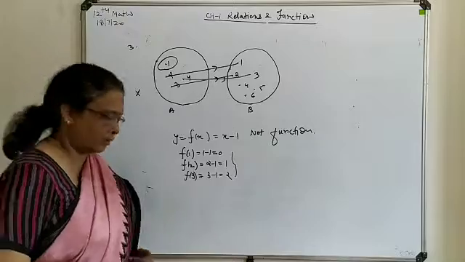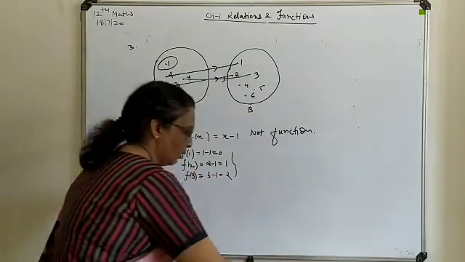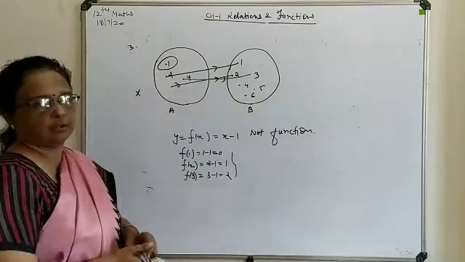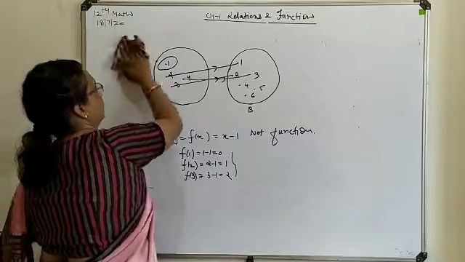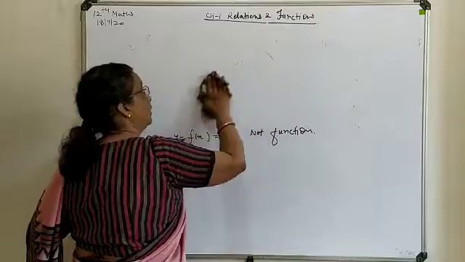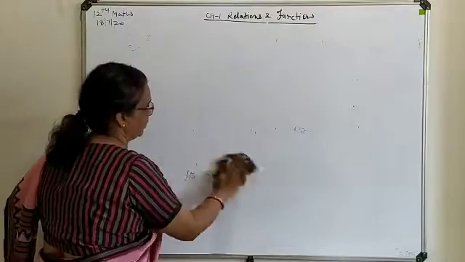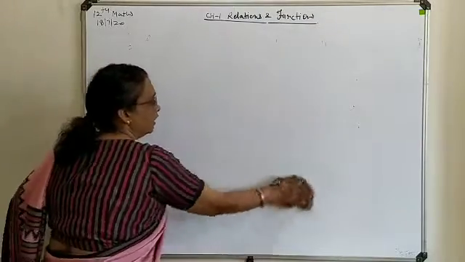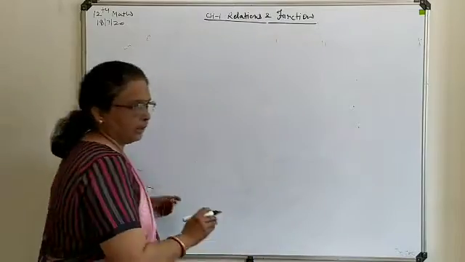Now the last condition, in which again the relation will not be considered as a function, that is reverse order of many 1. Means one element in set A giving you 2 answer form, that is not allowed.